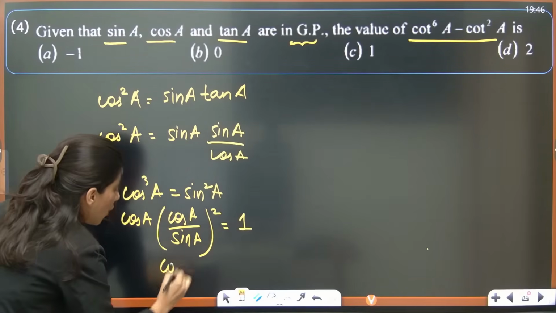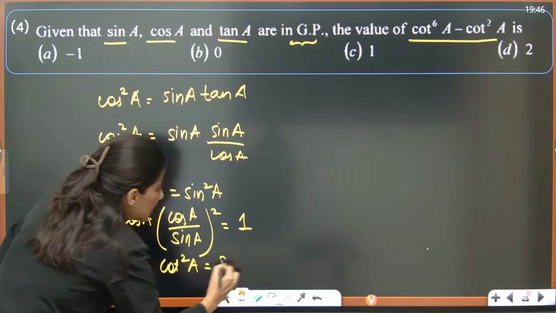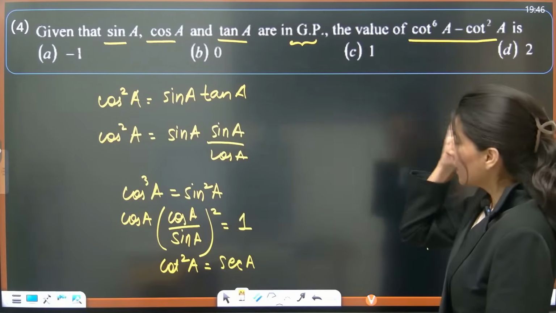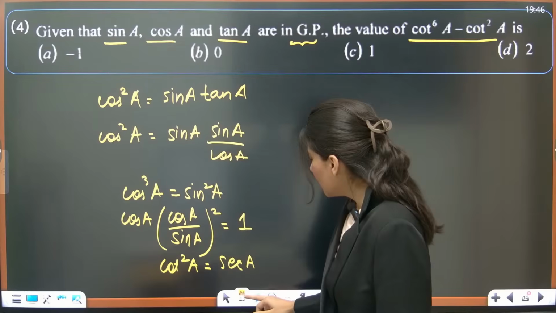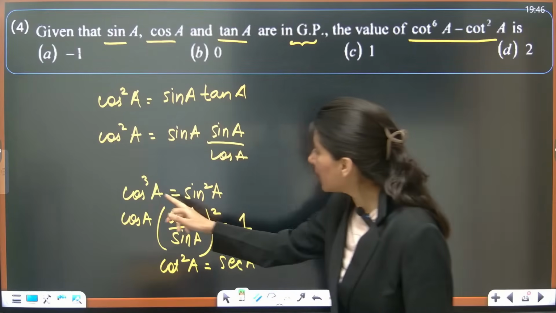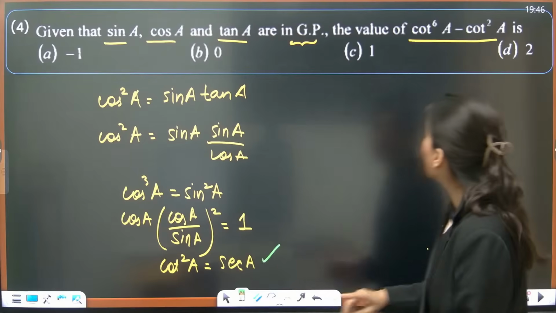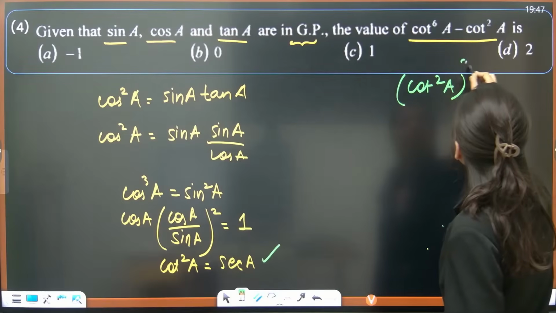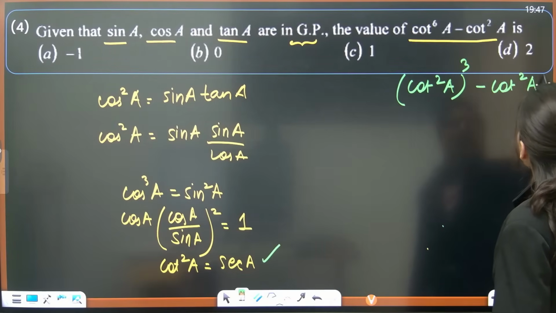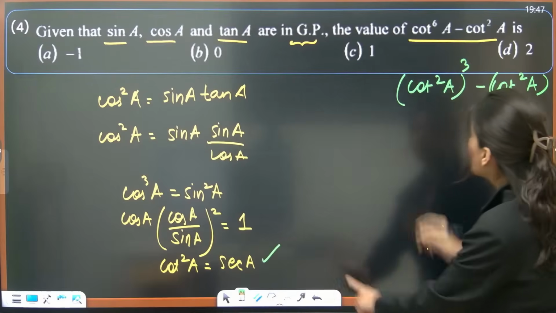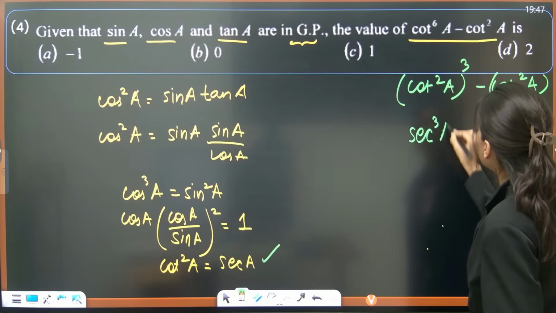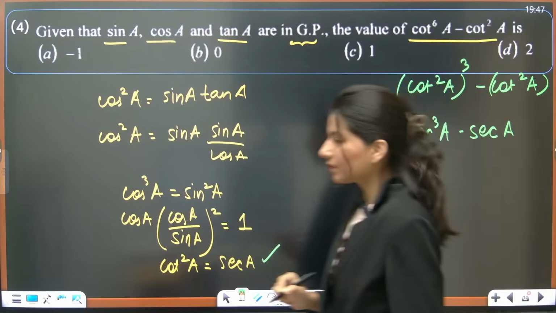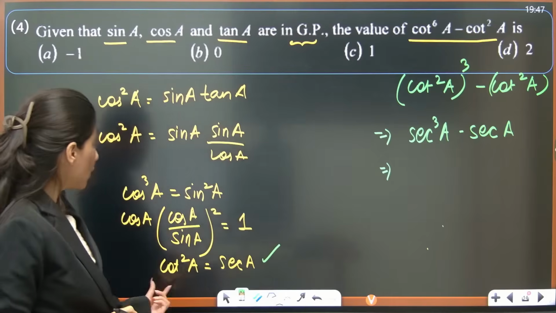Basically cot square A I can write as sec A. Cos square A is equal to cot square A is equal to sec A. So this is going to give you cot square A cubed minus cot square A, and cot square A can be replaced, so this is sec cube A minus sec A. Yes or no? Cot square is equal to sec.